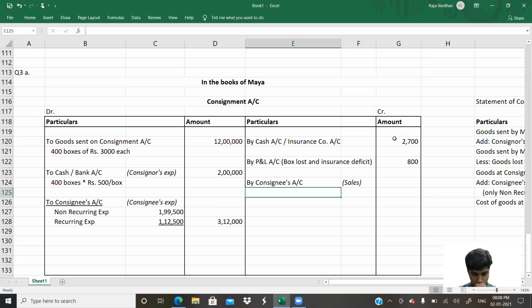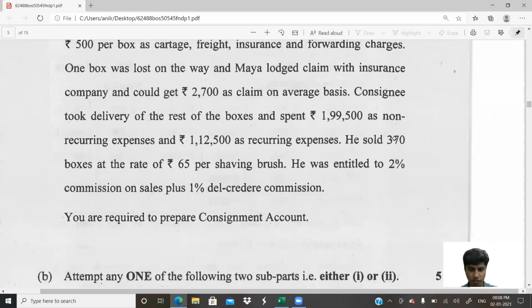How many? 370 boxes multiplied by 100 brushes per box multiplied by, what is the value? 65 per shaving brush.